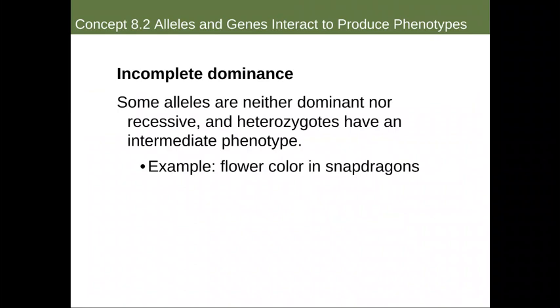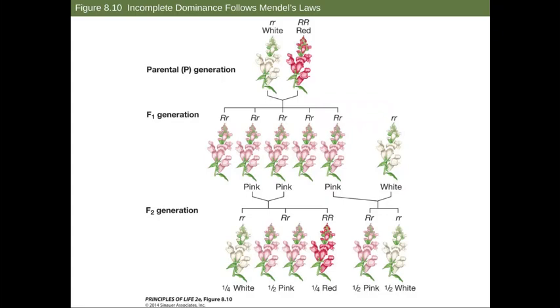So, incomplete dominance. Now, sometimes some alleles are neither dominant nor recessive, and they have an intermediate. The example that we have here is flower color in snapdragons. So instead of being red or white, when they combine as heterozygotes, they become pink instead. So the same Mendelian ratios are present in the F2 generation.